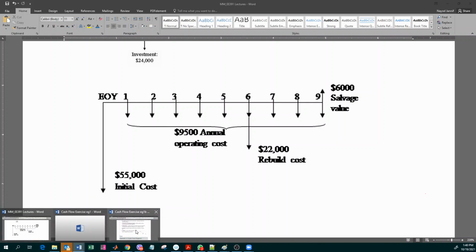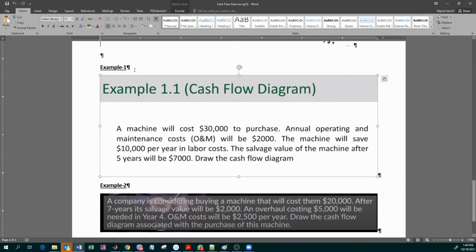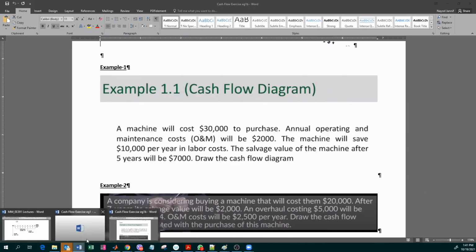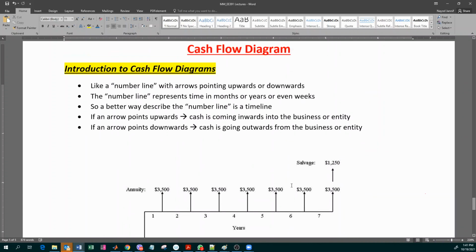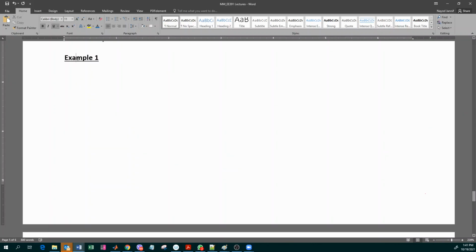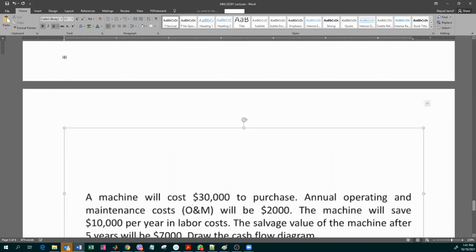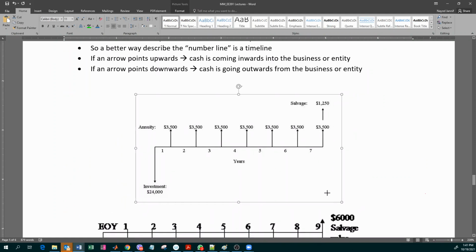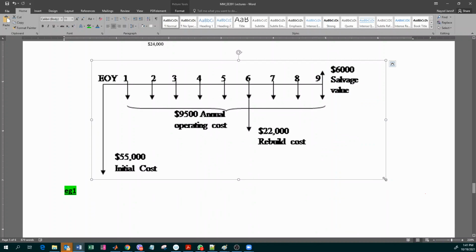Okay, example 1. Let me cross this over onto our lecture notes. Example 1 for cash flow diagram, guys. Maybe just make this a bit smaller, just so that I can fit all the slides in.